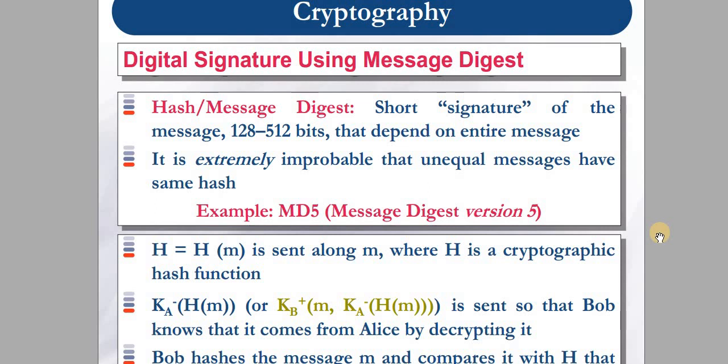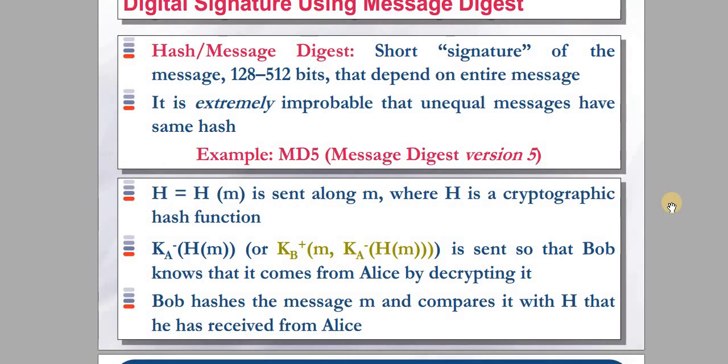So using hash, what we do is we use, as I told you, a hashing function or hashing algorithm of the message M, whatever input message we have, and we produce the hash value or the message digest, which is sent along with the original message, where H is a cryptographic hash function.